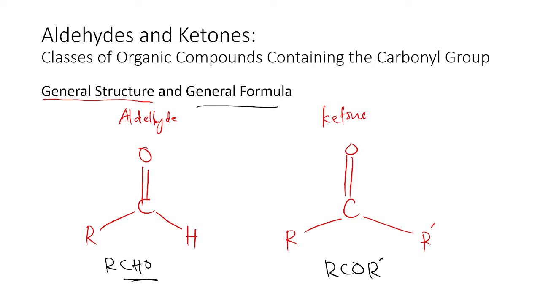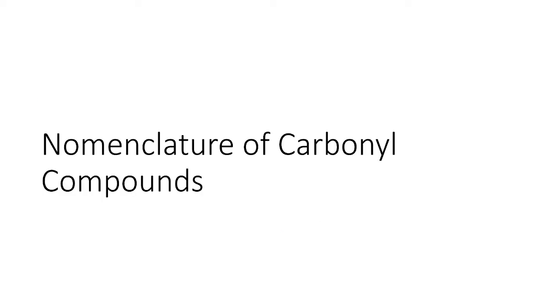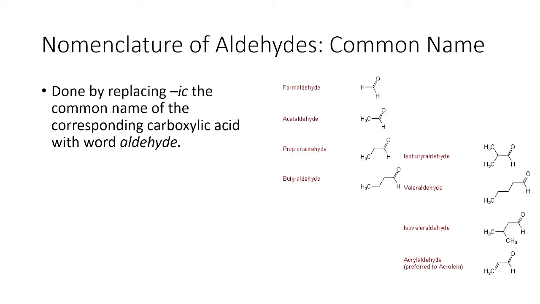So like I said earlier, we will be focusing more on the nomenclature of aldehydes and ketones for this video. So let's start on the nomenclature of carbonyl compounds. First, we have the nomenclature of aldehydes, wherein we will be talking about the common names.